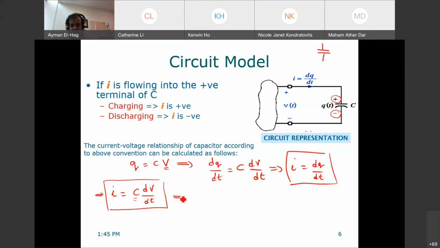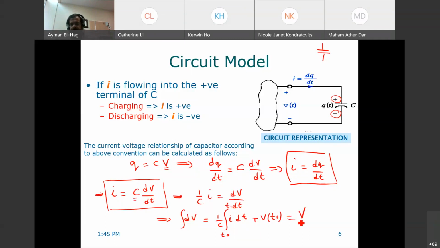This is simple. So 1 over C times I is equal to dV by dt. It means that dV is equal to 1 over C times I dt. So if I want to find the voltage, I will take the integration of both sides, from T0 to T1, let's say. I need to add the initial condition, and this is equal to your voltage.